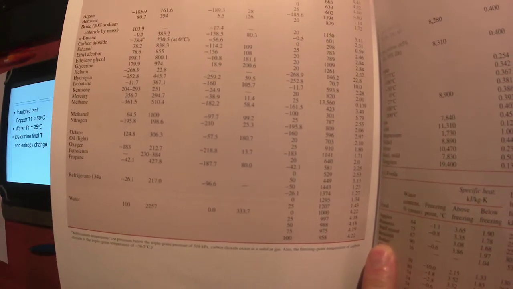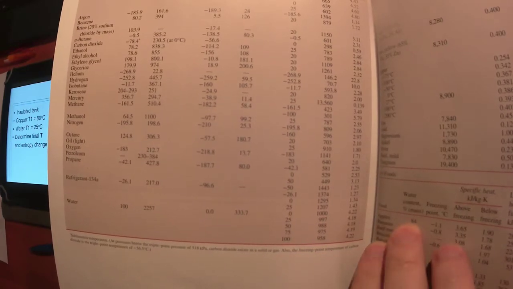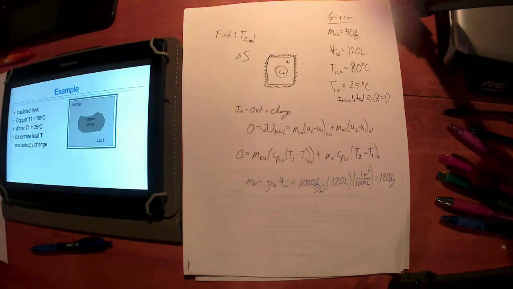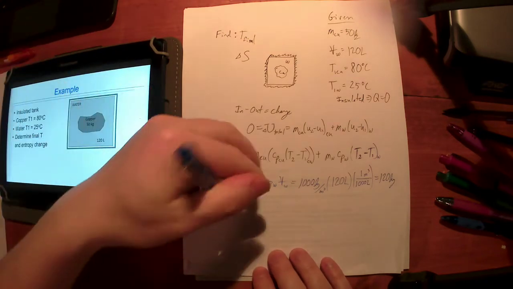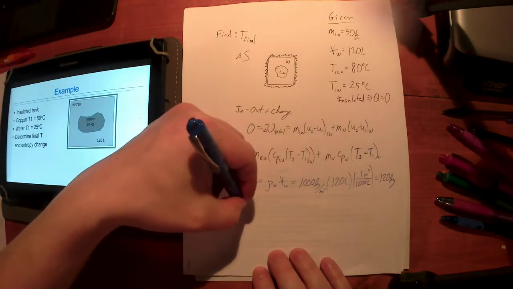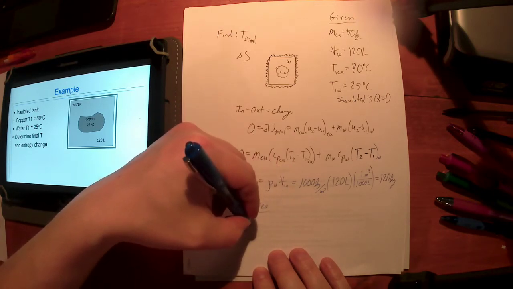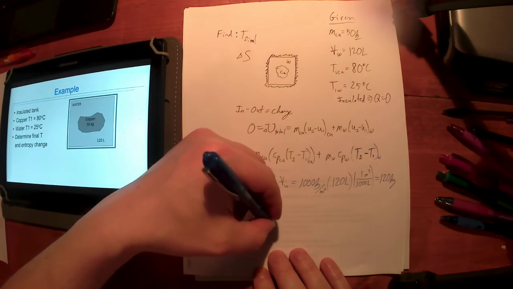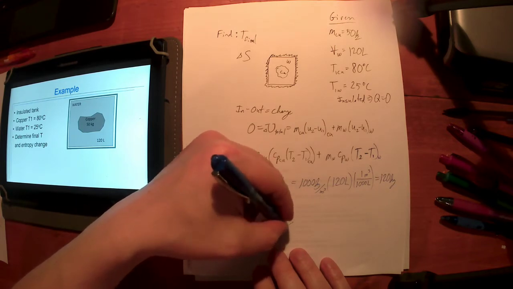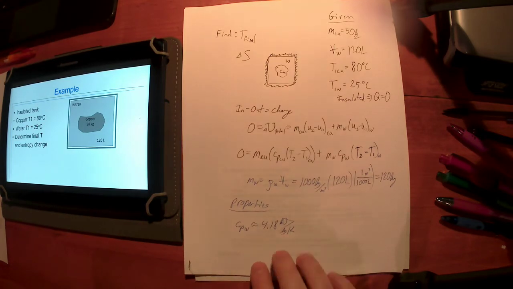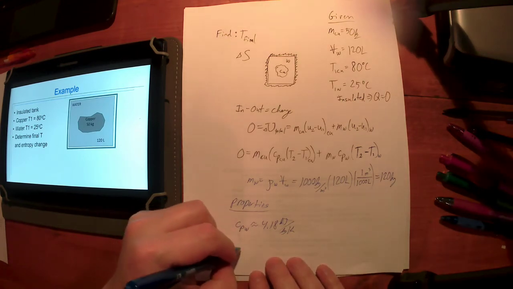But for us here, we'll just say 4.18 is probably a pretty good guess at that specific heat. So C sub P for water is approximately 4.18 kilojoules per kilogram Kelvin. Again, we don't know T2, so we can't find an average temperature, but this will give us a pretty good guess.